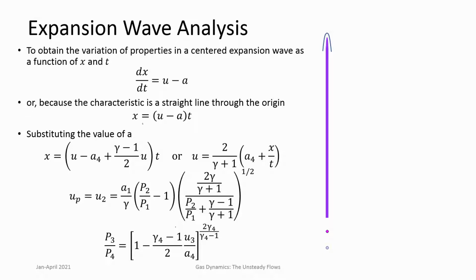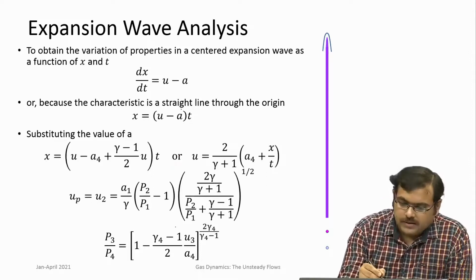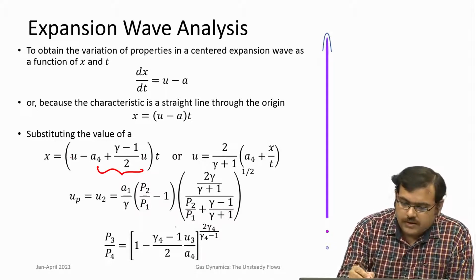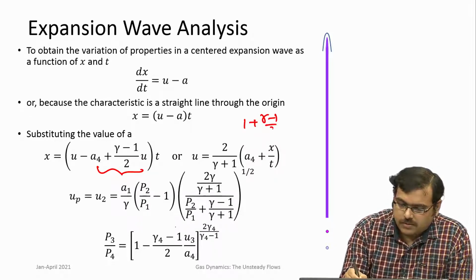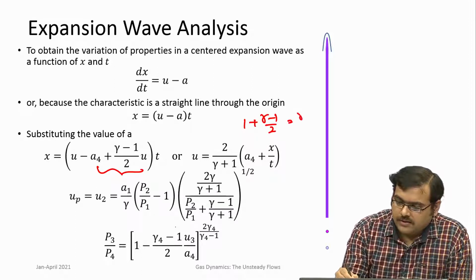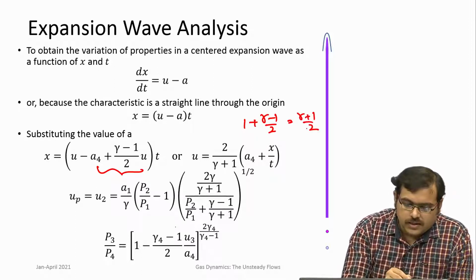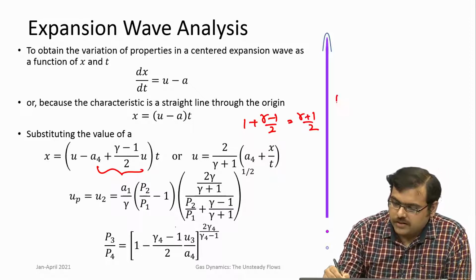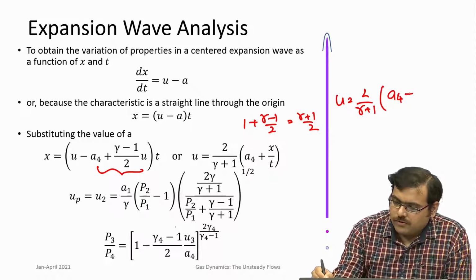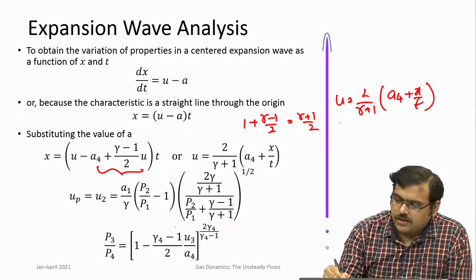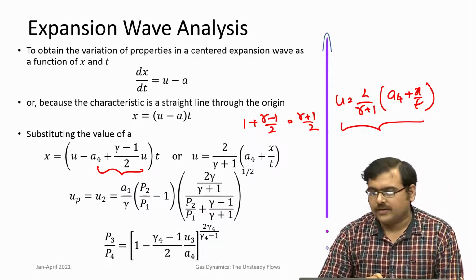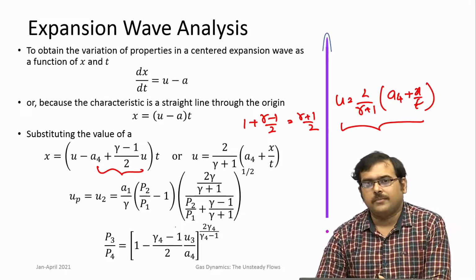So x by t equals U minus A, where A is substituted by A4 minus gamma minus 1 by 2 U. Here you have 1 plus gamma minus 1 by 2, which is gamma plus 1 by 2, and then solve for U. You get U is equal to 2 by gamma plus 1 times A4 plus x by t. So now U can be completely represented in terms of the space and time coordinates.